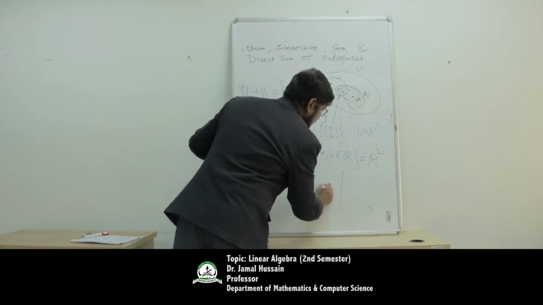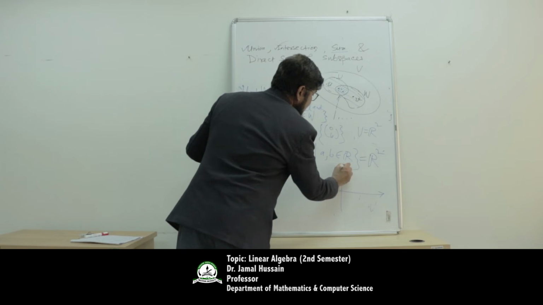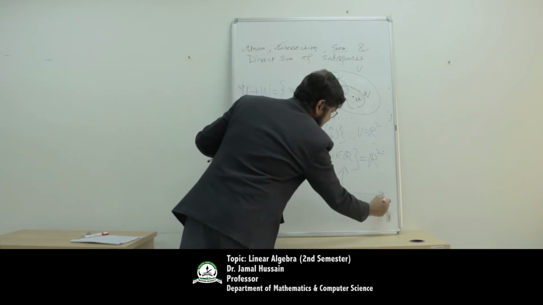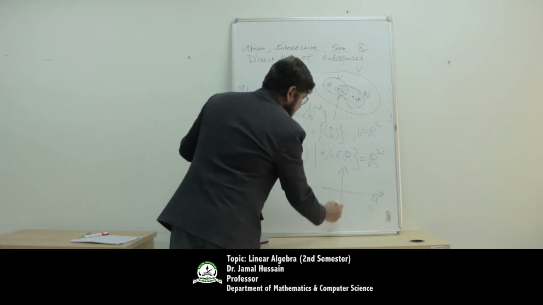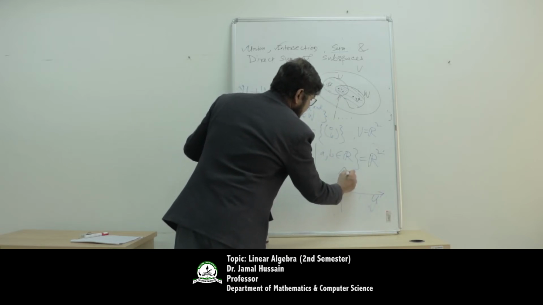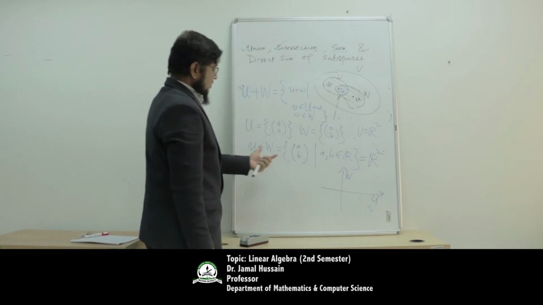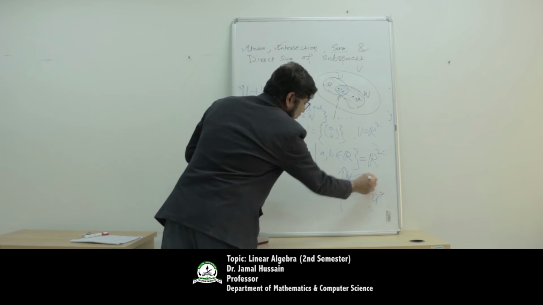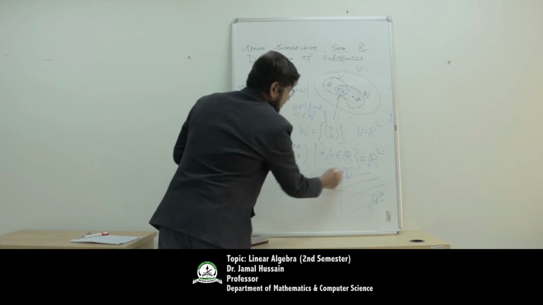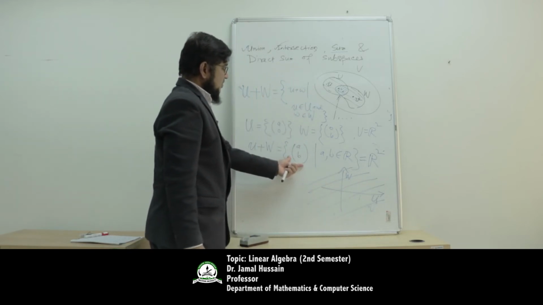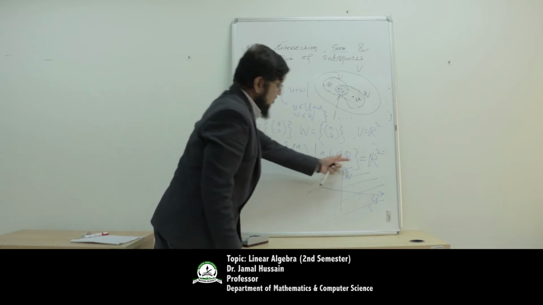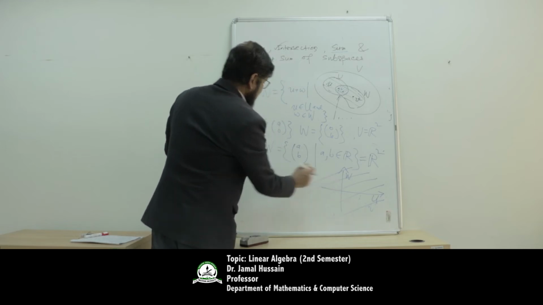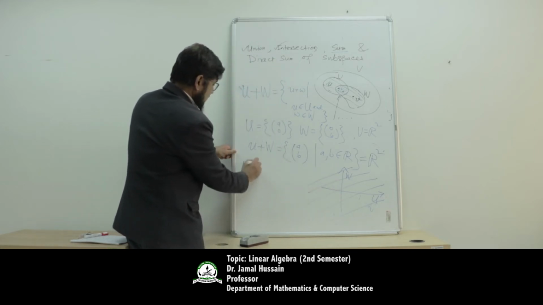So what is done here? If we want to visualize, this axis represents U, and this axis represents W. And what is U + W? When I add them, I get the whole plane, because I will get elements of this type that represent any point on the plane. But unlike this one, what was U union W?